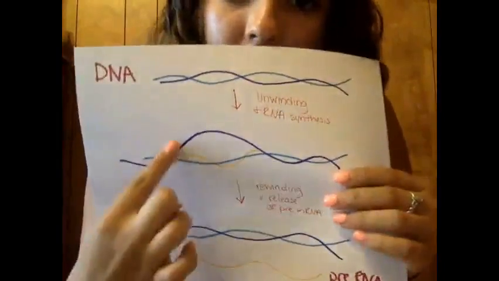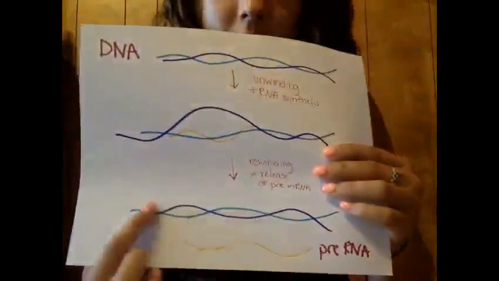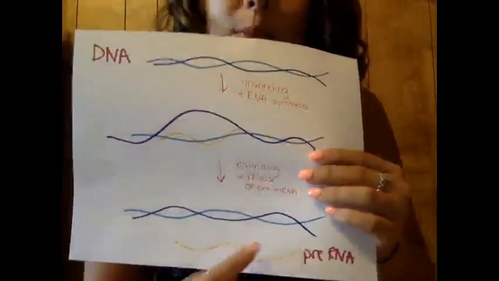As you can see, this strand starts to come back down, and it looks like regular DNA again. Then this piece that was copied, the pre-messenger RNA, gets dropped out right here. All that strand is, is a copied piece of the sensory strand of the DNA. That's how your information gets taken and copied and put into other strands and other parts, and turns into proteins in other parts of your body.